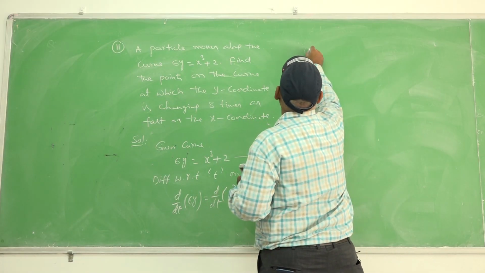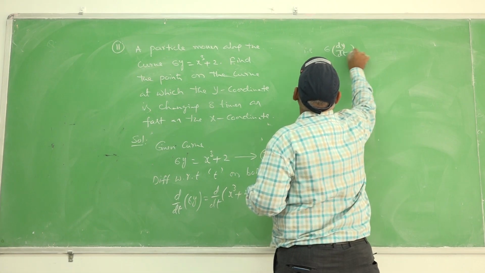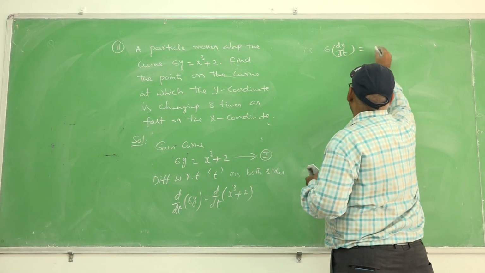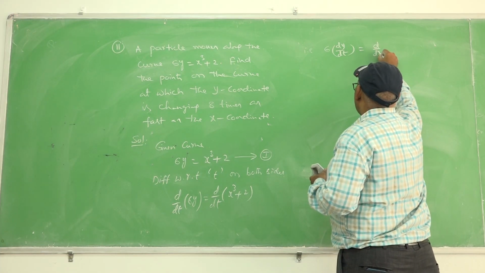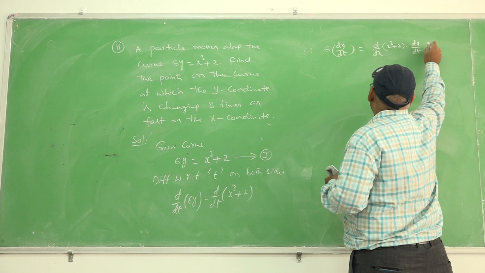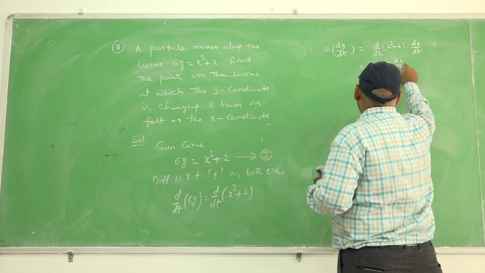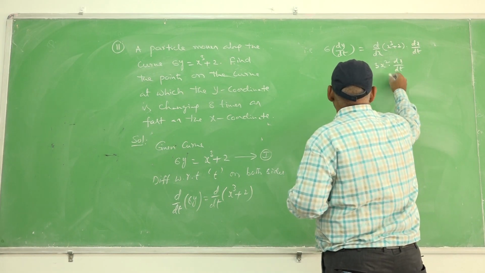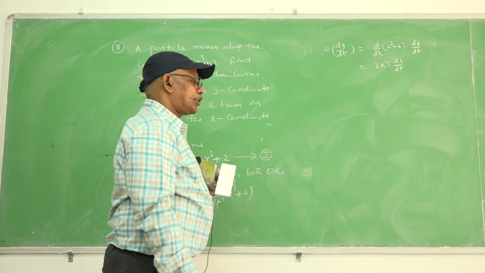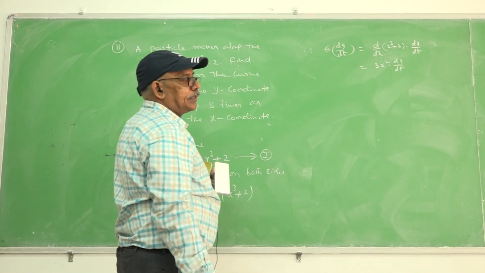That is 6 into dy by dt, because y depends on t, and x also depends on t. We take d by dx of x cube plus 2 into dx by dt by the function of a function rule. This is 3x square into dx by dt. The derivative of 2 is 0. Now, 6 into dy by dt equal to 3x square into dx by dt.